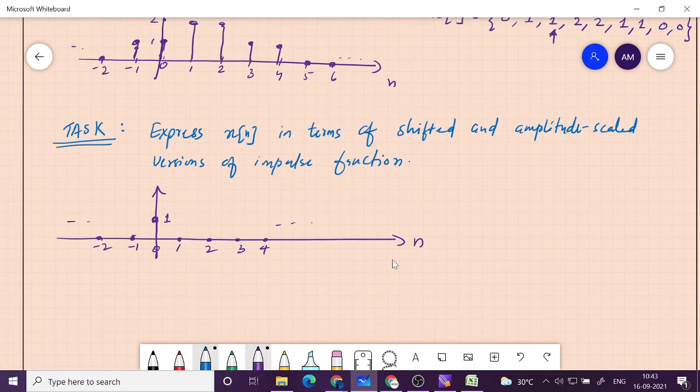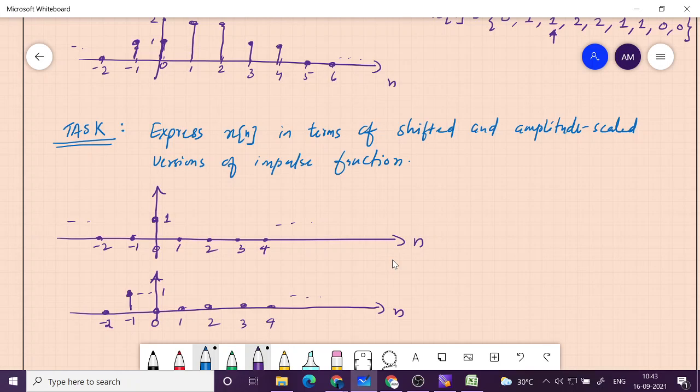Another function I am going to take. I can give a name also, but let me first do this much. So this is 1, and then it is 0 here, here, and here. This is -2, this is -1, 0, 1, 2, 3.